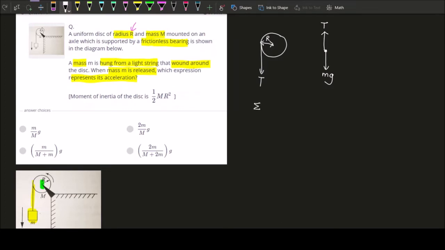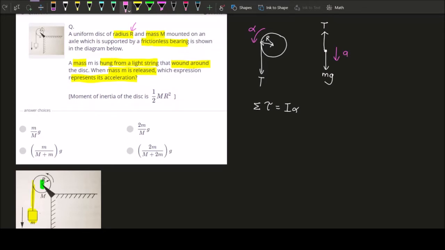So for the pulley, we can do a sum of tau equals to I alpha. Okay, before we do that, there's one important thing. This thing will be rotating in this direction, so the angular acceleration will be in this direction, and the small m, this mass will be going downwards. So this will be the acceleration.